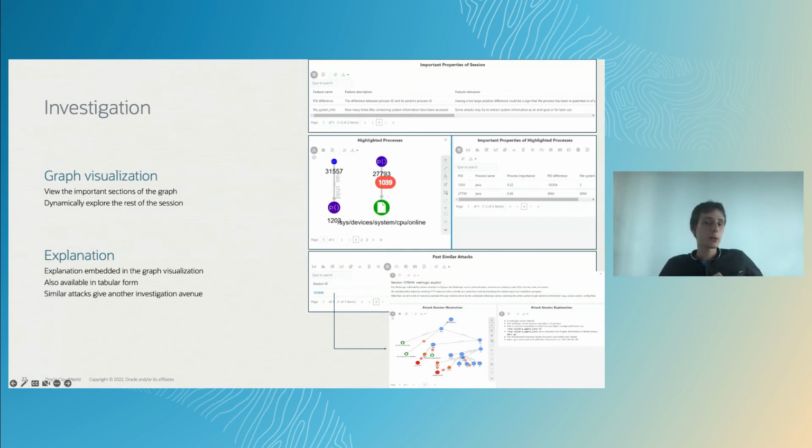And not only that, we can also say, well, look, this is how we resolved it last time. These are the actions that were taken. So what you can do most probably is take a similar set of actions and resolve the incident. So there we're trying to simplify as much as possible the work for the investigator.